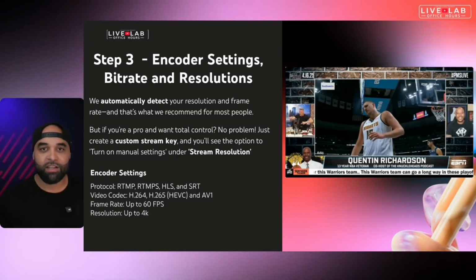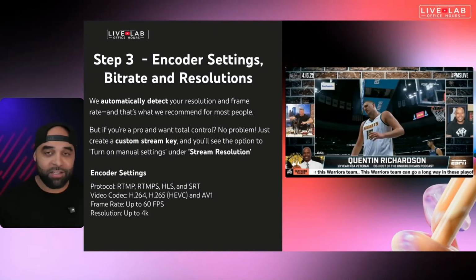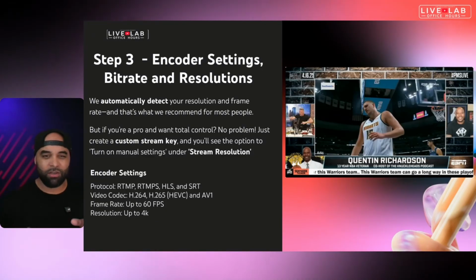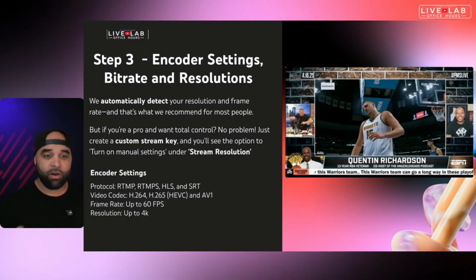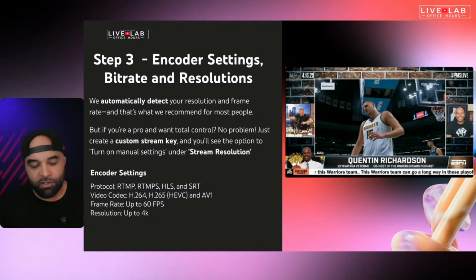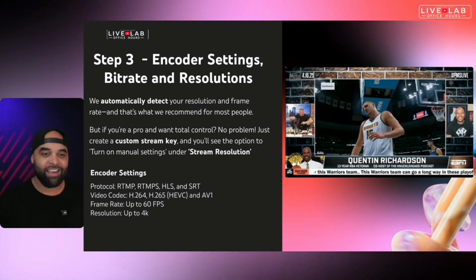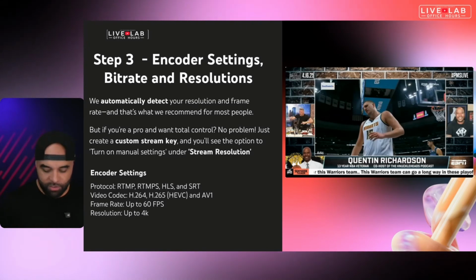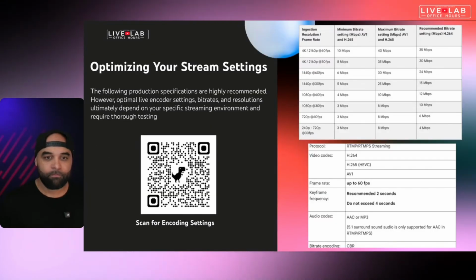It still looks good. Heck, this stream right here is in H.264. Don't think you need to go up to HEVC or AV1. You can stream up to 60 frames per second, and our highest resolution you can go up to is 4K. All right.